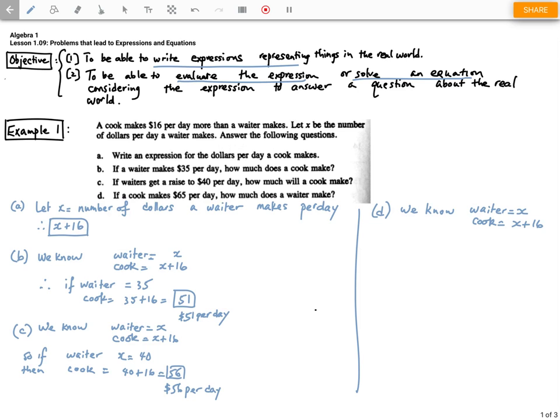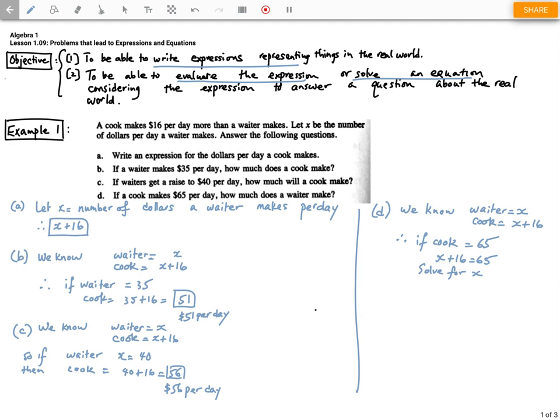Therefore, if cook equals $65 per day, that's equivalent of saying X plus 16 equals 65. You solve for X, which represents the waiter.